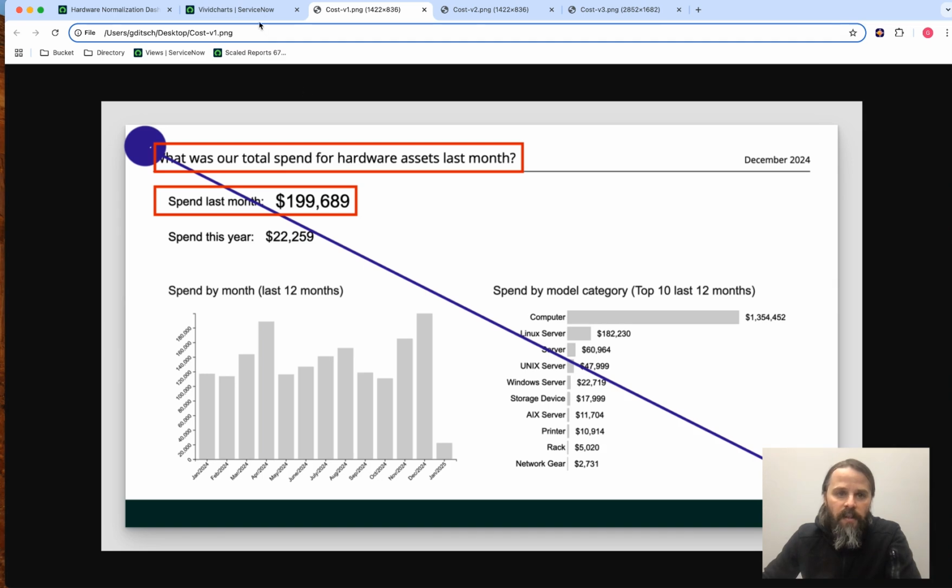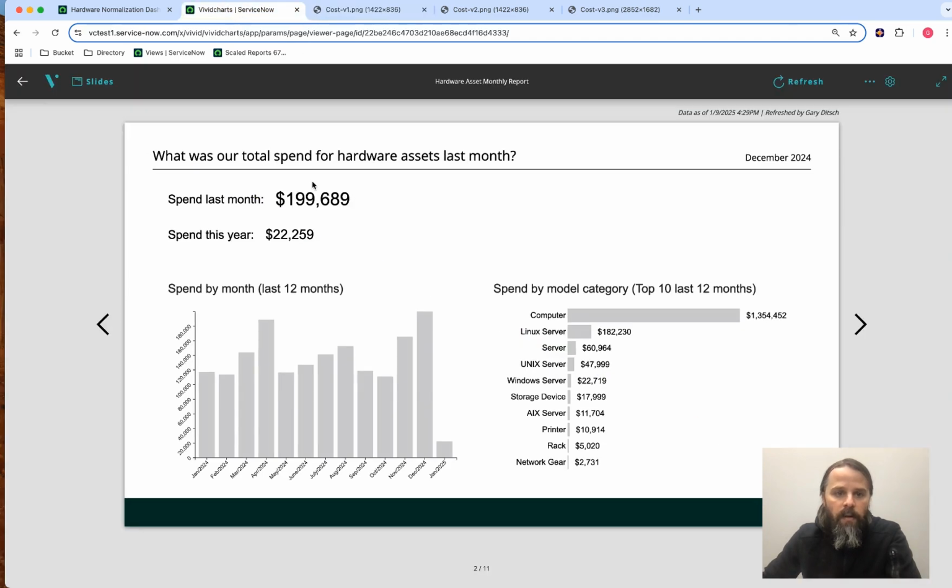So as you can see in this slide here, I have the question that our slide is answering. If we go back over here, we're asking the question, what is the total spend of our hardware assets last month? That tells the user, the person reading the report, this is what this slide is about. So that's helpful. It at least gives them knowledge of what they should be learning from this slide.